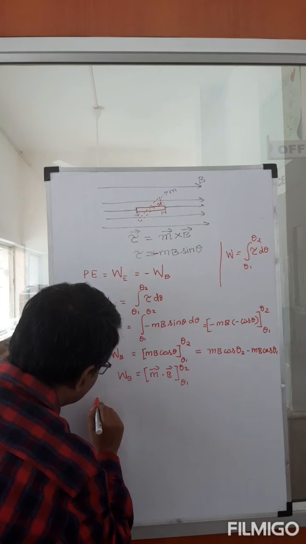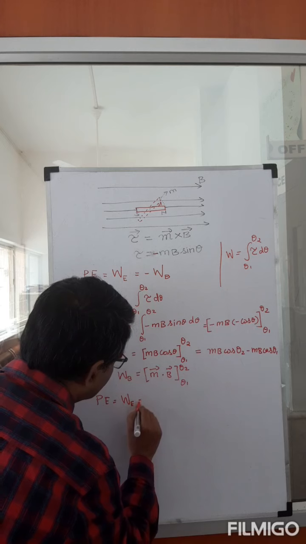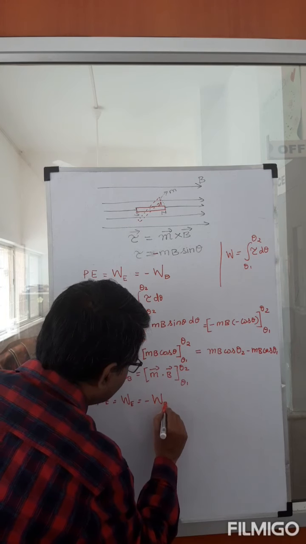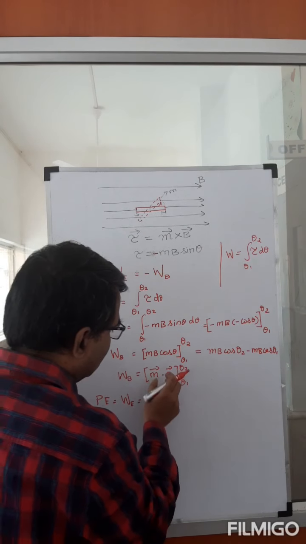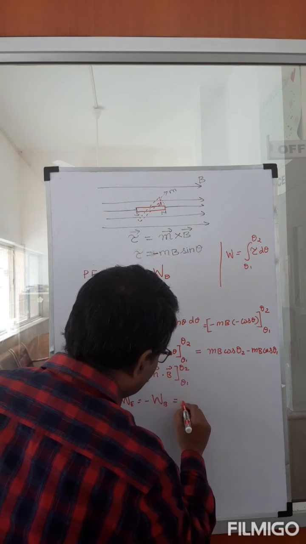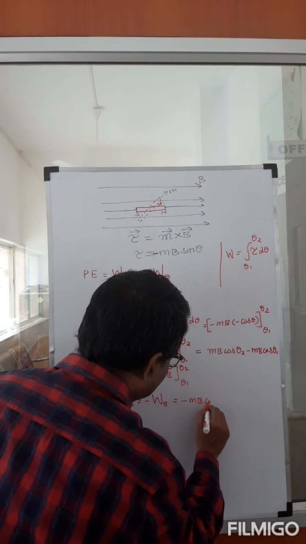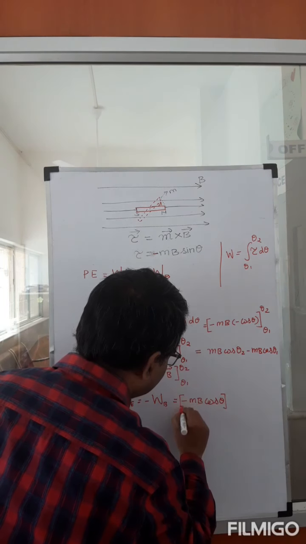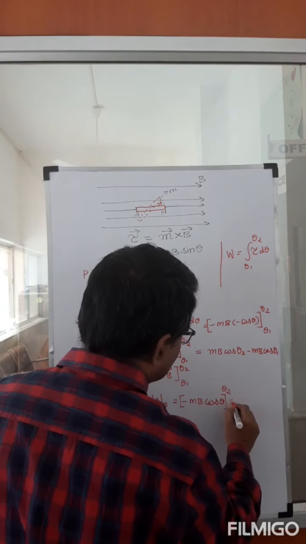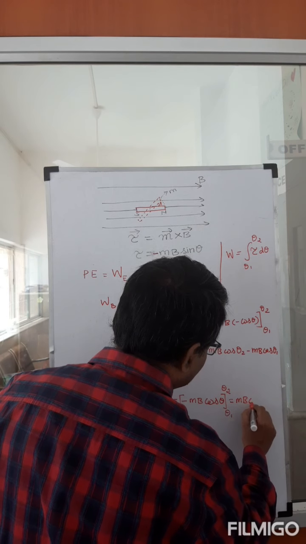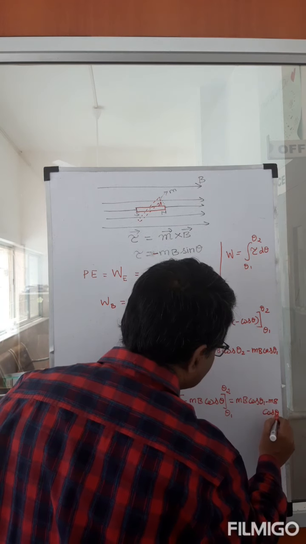So potential energy is equal to the work done by the external force, which is equal to minus the work done by the field, and that gives you minus of mB cos theta from theta 1 to theta 2, and in that case that will become mB cos theta 1 minus mB cos theta 2.